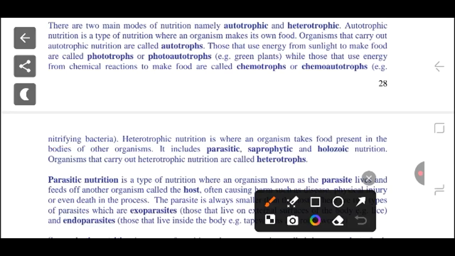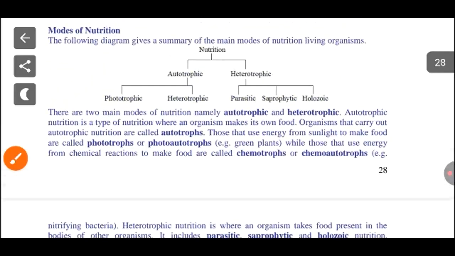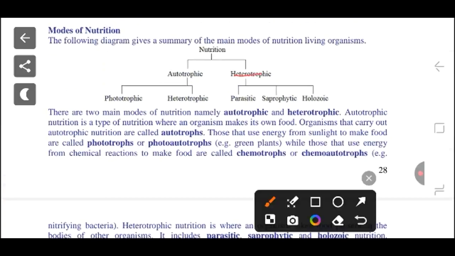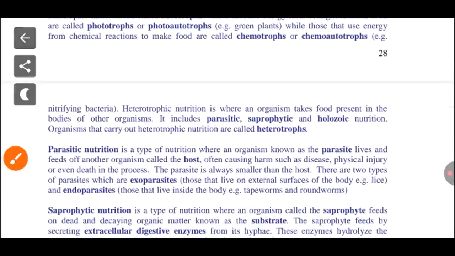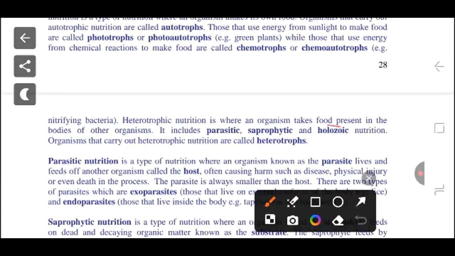Now we go to heterotrophic nutrition. This is a nutrition where an organism takes food present in bodies of other organisms. It includes parasitic and saprophytic as well as holozoic nutrition.